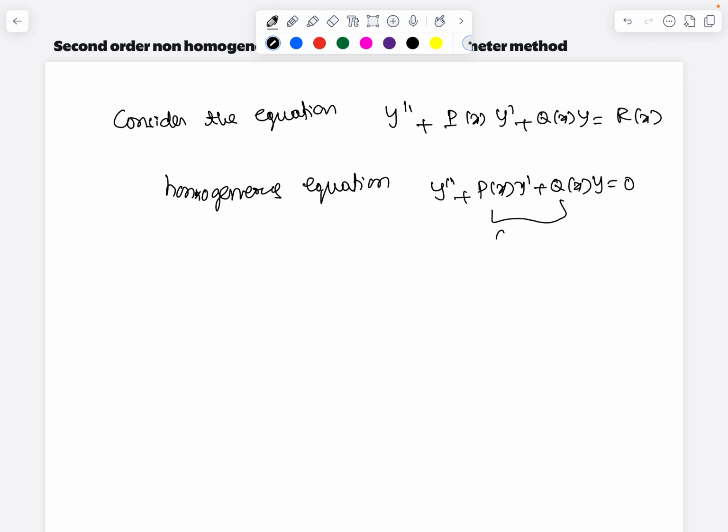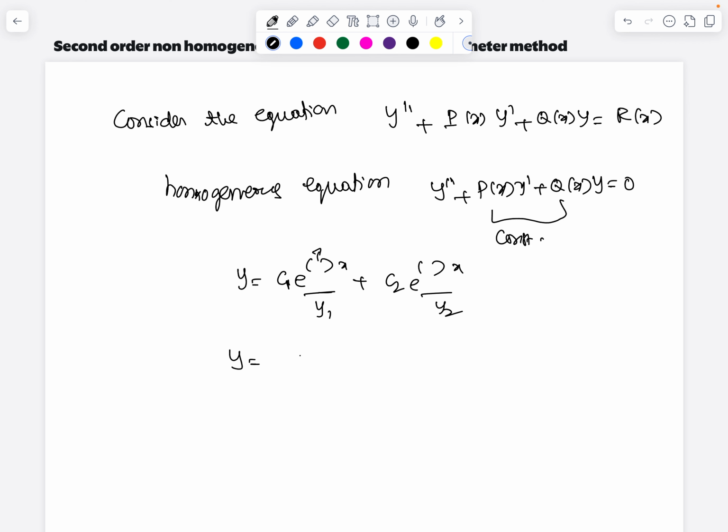where these two are constants, and you know how to solve that. The solution is of the form c1 e power something into x, where this something is real or imaginary if the roots are complex, and similarly c2 e power something into x if the roots are distinct. Call these y1 and y2.